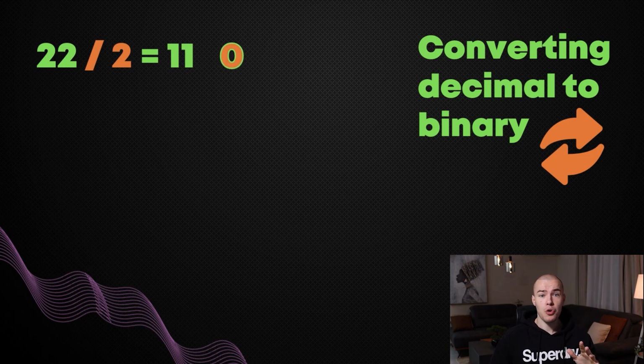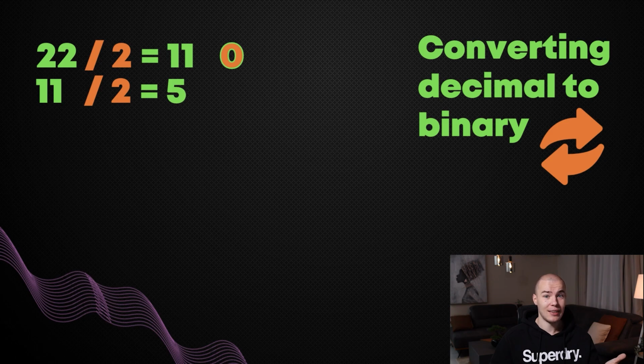After that, we are going to our next step. So we have the number 11 and we are going to divide it by 2 again. And in this case, it's a different scenario. When we divide 11 by 2, we actually have 5.5. And that means that we do have a remainder while dividing.